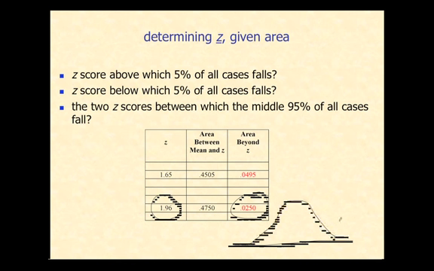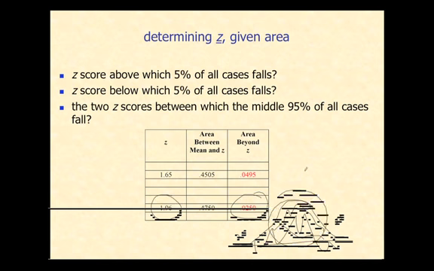That's 2.5% down here, and 2.5% down here. The total of that, of course, is 5%, and therefore 95% of all cases fall in the middle of our little mountain here. All right, so this is our 95%.